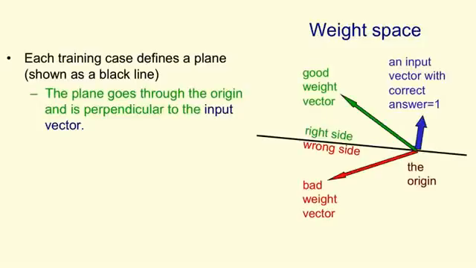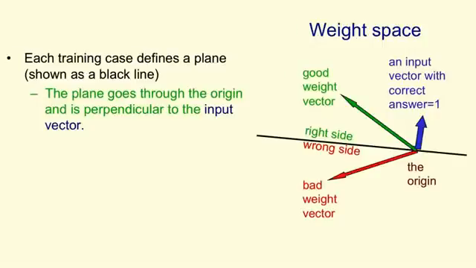It needs to be on the same side of the hyperplane as the direction in which the training vector points. For any weight vector, like the green one, that's on that side of the hyperplane, the angle with the input vector will be less than 90 degrees. So the scalar product of the input vector with the weight vector will be positive. And since we already got rid of the threshold, that means the perceptron will give an output of 1. It'll say yes, and so we'll get the right answer.